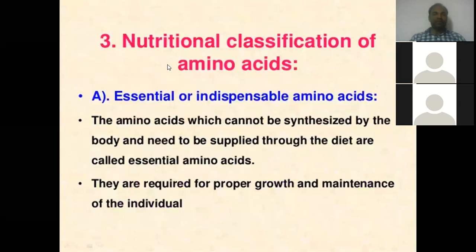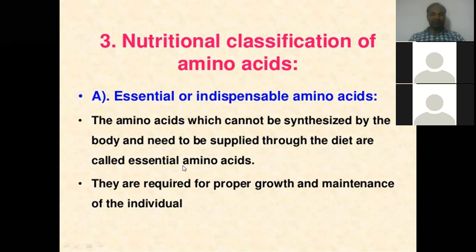So the first category, here we are going to discuss the first category of the amino acids on the basis of their nutritional values. ठीक है, यहाँ पे हम लोग amino acid को discuss करेंगे on the basis of their nutritional values. The first category, that is the essential or indispensable amino acid. The amino acids which cannot be synthesized by the body and need to be supplied through the diet are called as essential amino acids.